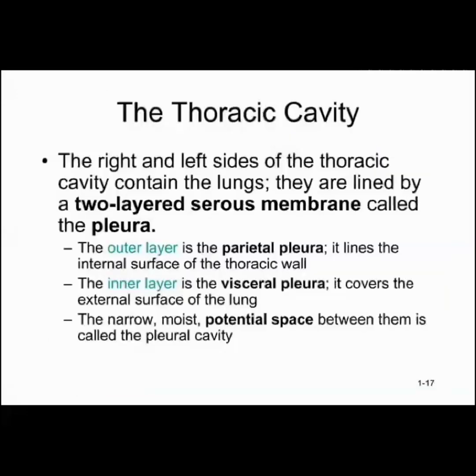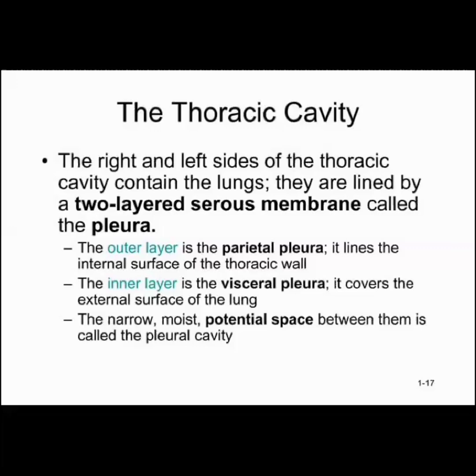Now we will discuss about the thoracic cavity. The right and the left side of the thoracic cavity contain the lungs and they lined by the two-layered serous membrane called the pleura. So pleura is divided into the outer layer is the parietal pleura.